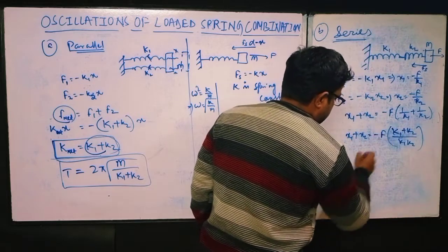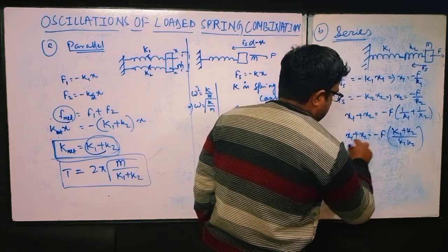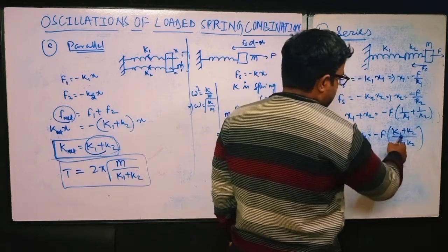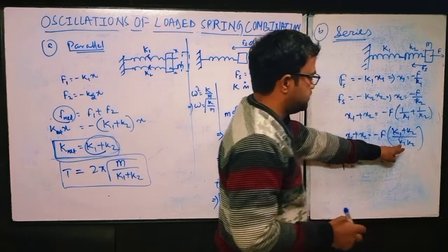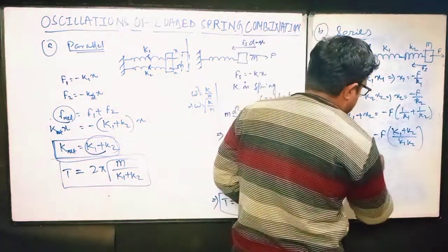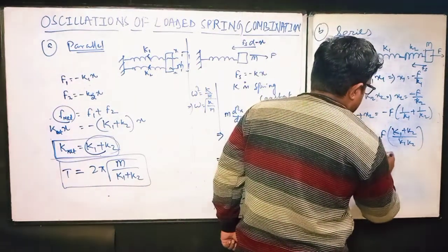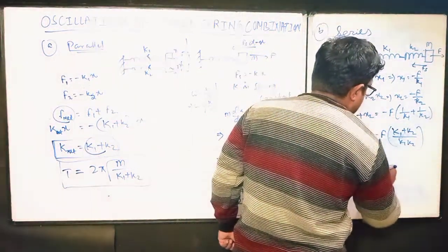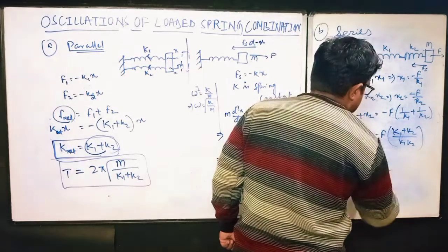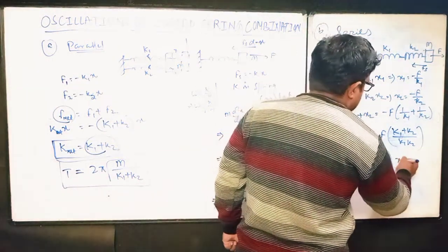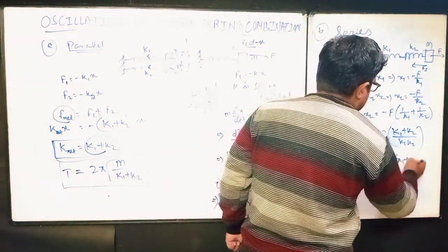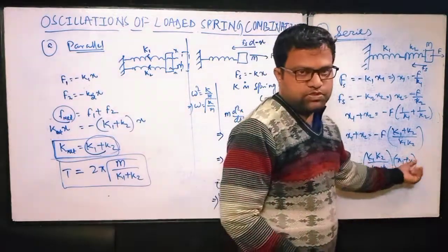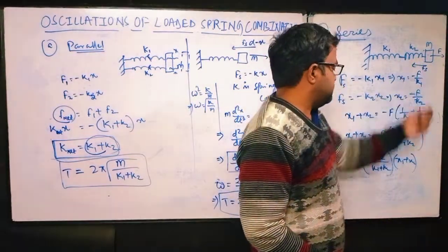If we write F equal to, the minus sign will come this side and it will be reversed, like cross multiplication. So F equals minus K1 K2 by K1 plus K2 times x1 plus x2. Now x1 plus x2 is the total expansion.